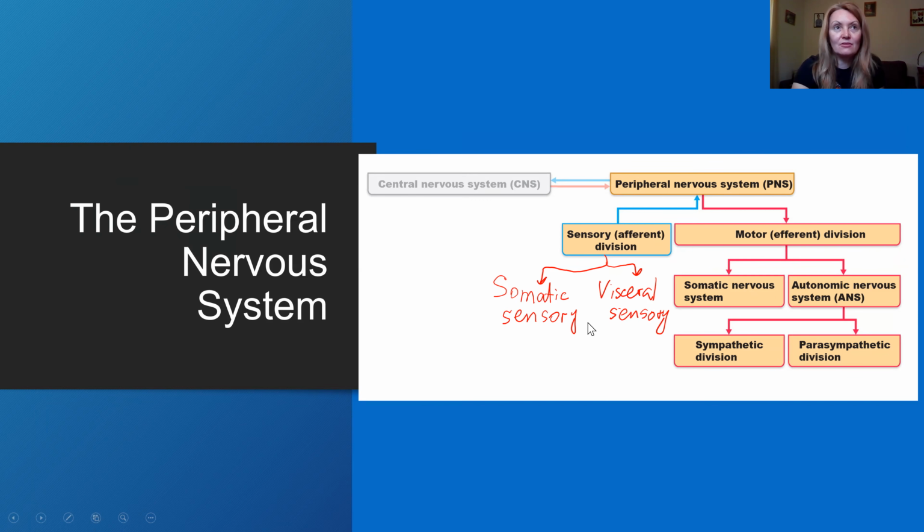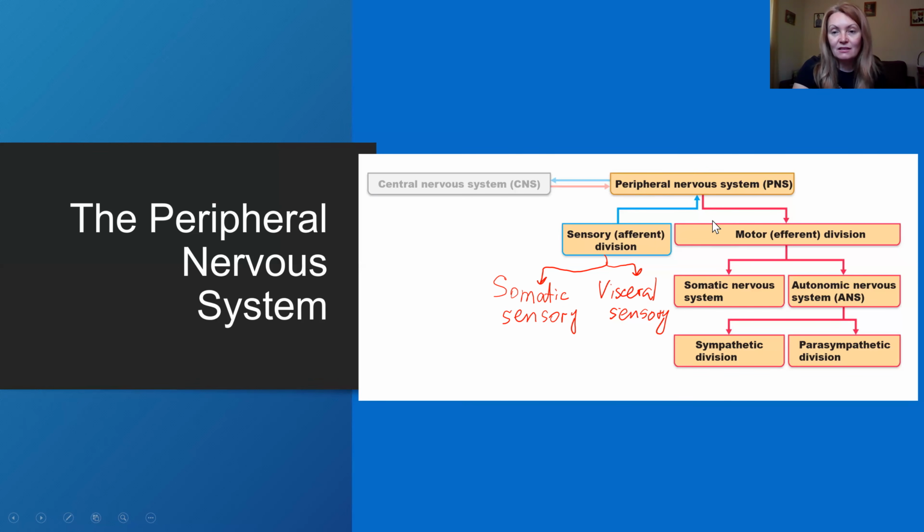But let's say you have lots of sensors that sense your blood pressure, your oxygen level, your glucose level, right? So all this visceral sensation will reach your central nervous system, but most of it you will not be aware of, right?